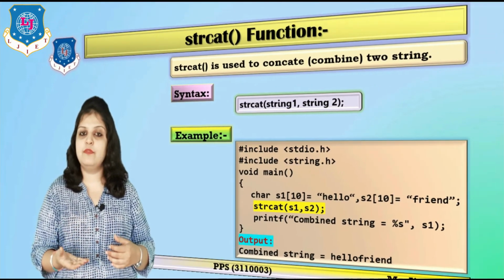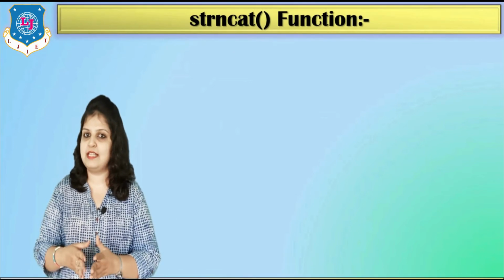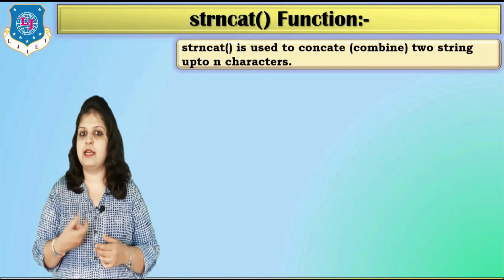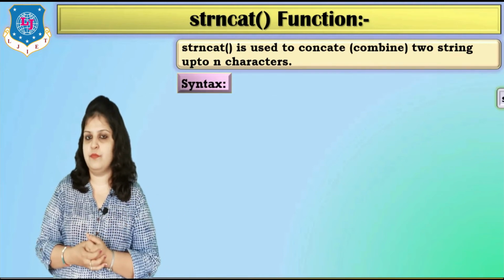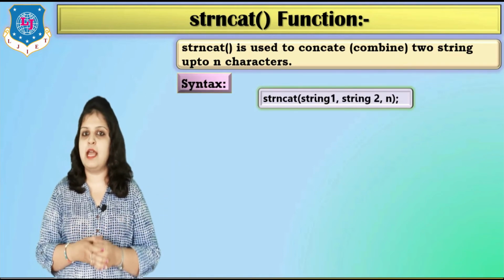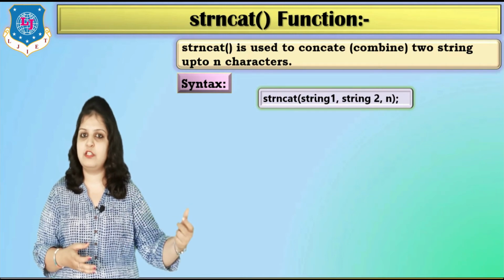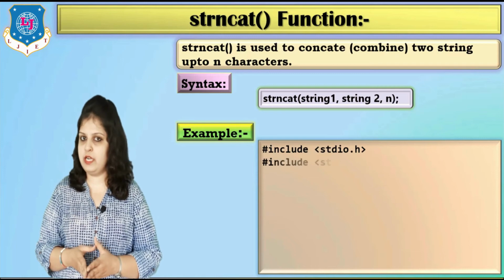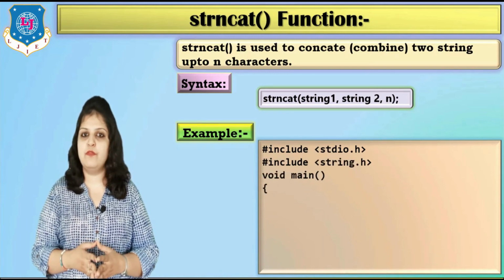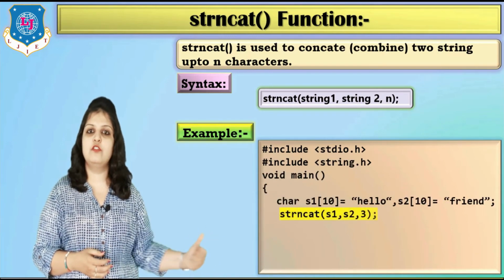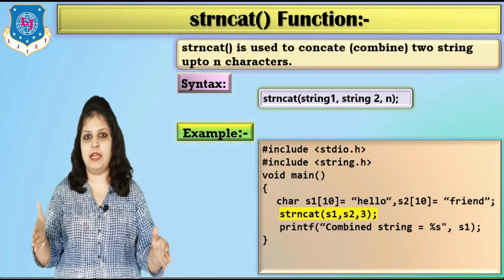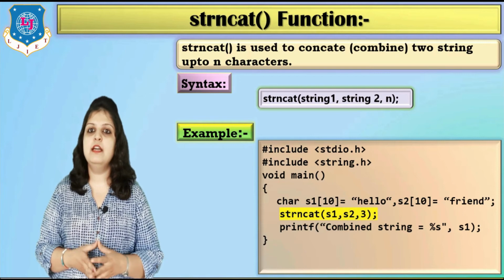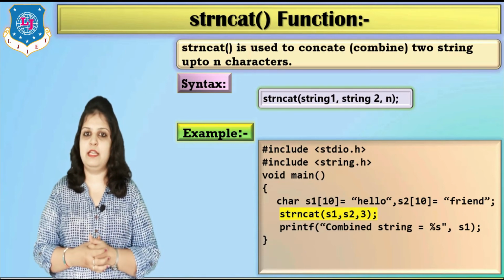Now our next function, a similar type of function, is strncat, meaning combine only n characters with another string, and the syntax is like strncat(string1, string2, n). So let's see with an example. Include the header files, then write the main function. Here our two strings are, first hello and second friend, and strncat(s1, s2, 3).